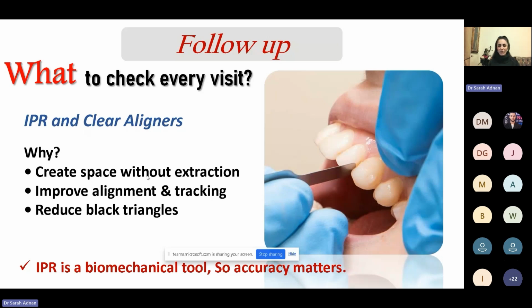My case, I don't have severe crowding, why do I have to do IPR? IPR is not only a biomechanical tool, it is an essential biomechanical tool, of course, but sometimes we do it for cosmetic purposes, such as reducing black triangles or to prevent tooth collisions during digital planning.